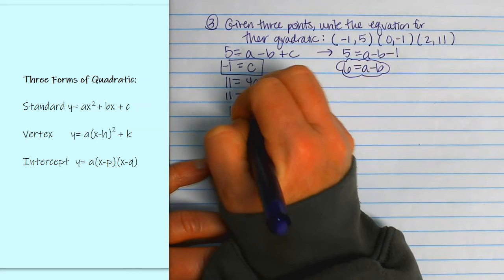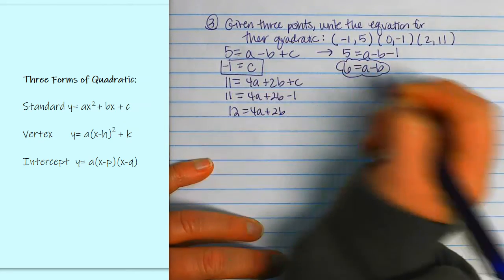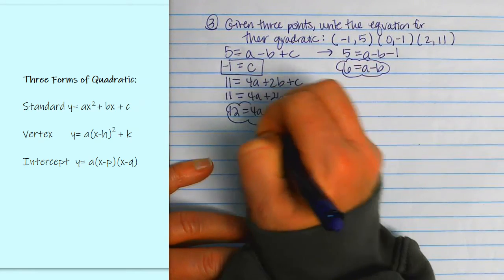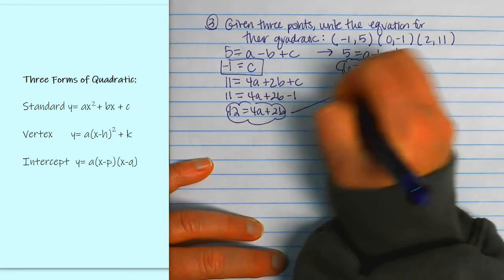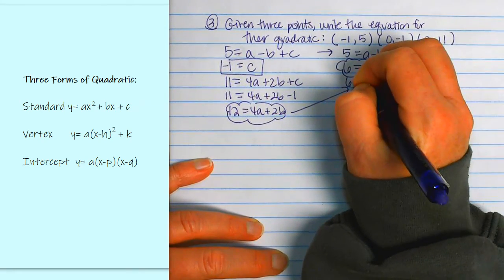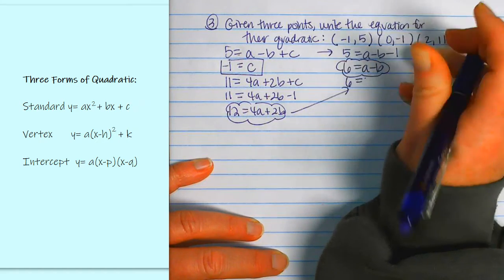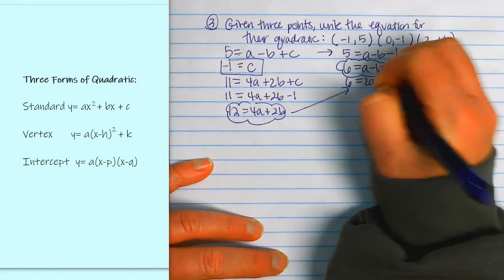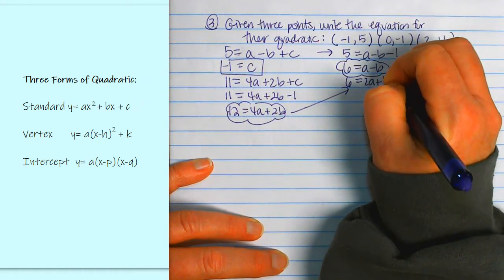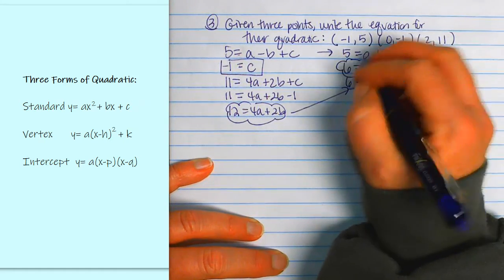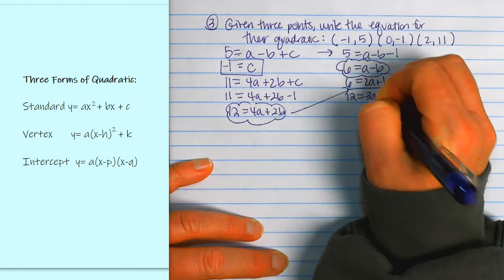So that's 12 equals 4A plus 2B. And again, I'm going to divide this one by 2 and then put it up here. So that'll be 6 equals 2A plus 1B. Add these together, 12 equals 3A.